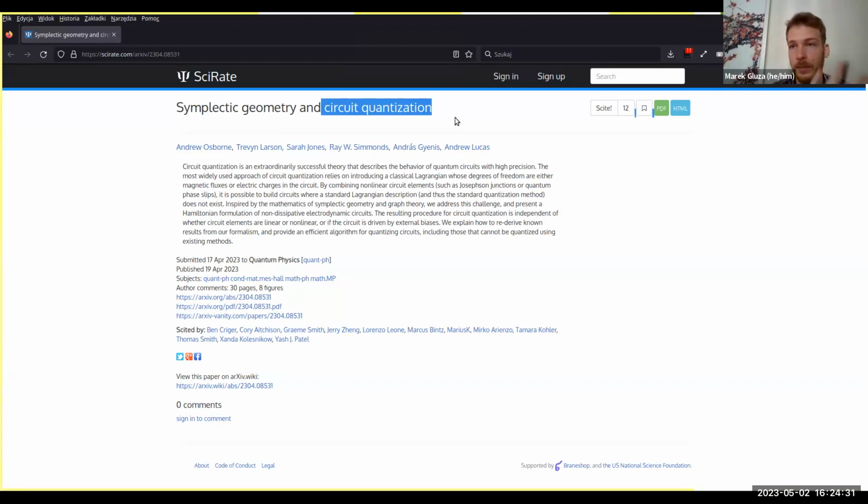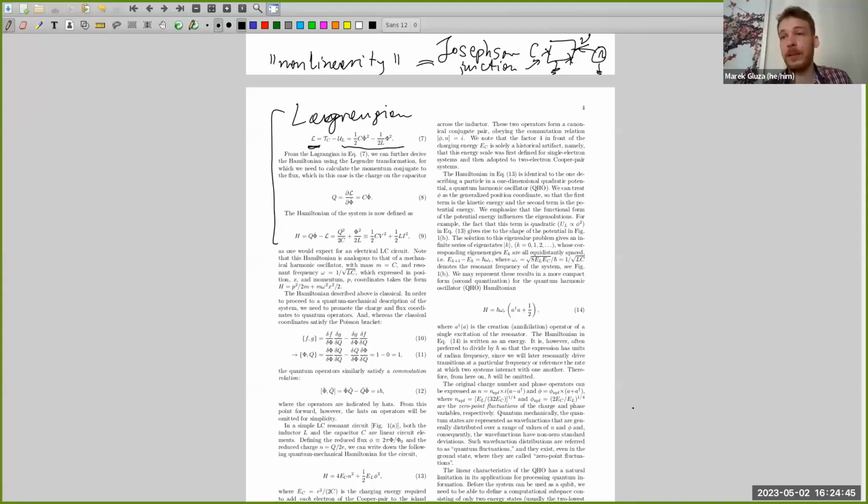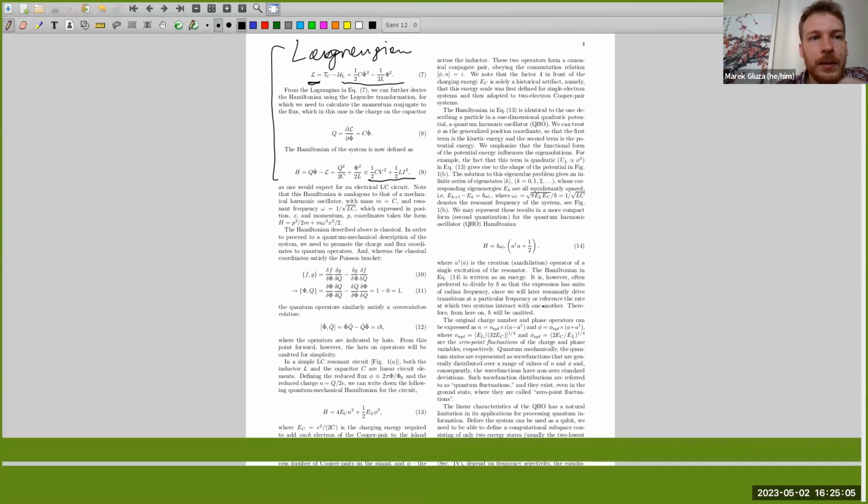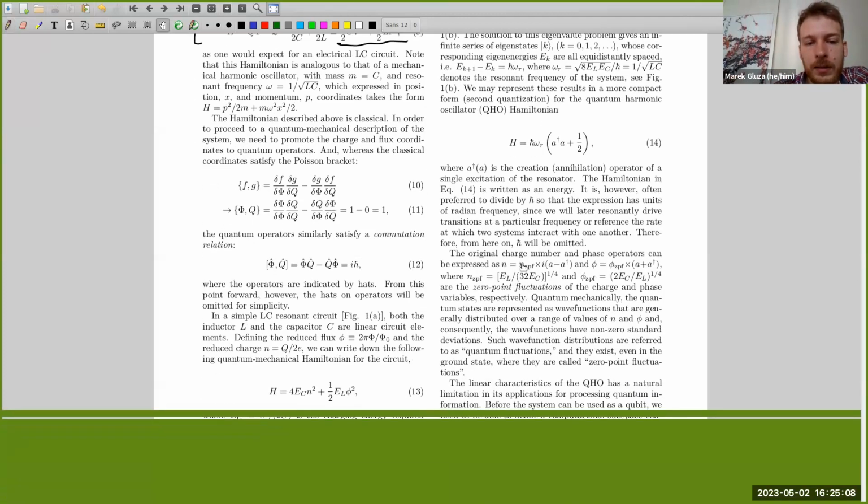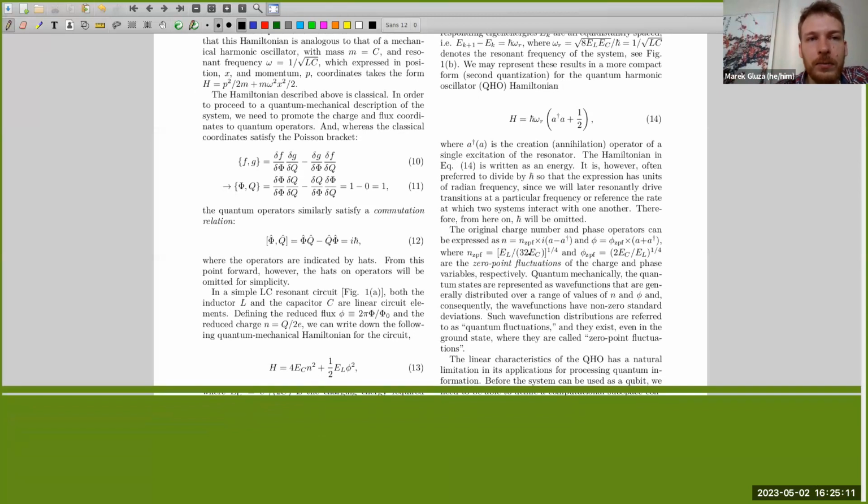So maybe let's keep it at that, but it's nice that it's possible to do it with a fair degree of generality. And it's also driving the field forward that it's possible to do it systematically. Part of the field is, I guess, to do it systematically, and maybe that paper would fall into that question. And the standard thing is that we start with the oscillator, but how we add the nonlinearity is, I guess, something to be explored.